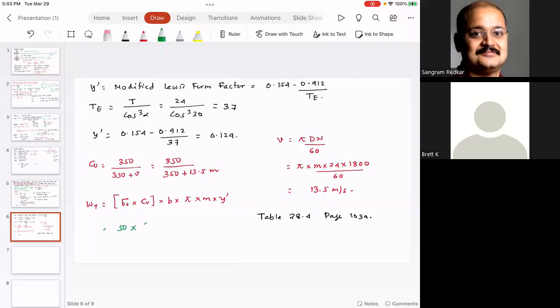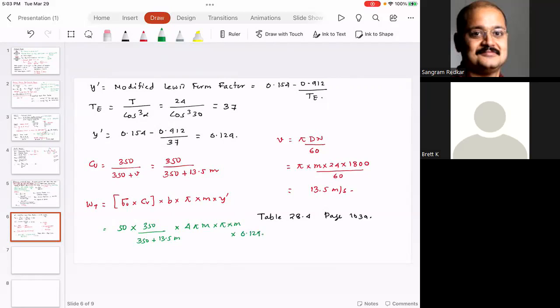CV is 350 divided by 350 plus 13.5 m, multiplied by B, which is 4 times pi times module, multiplied by 0.129.